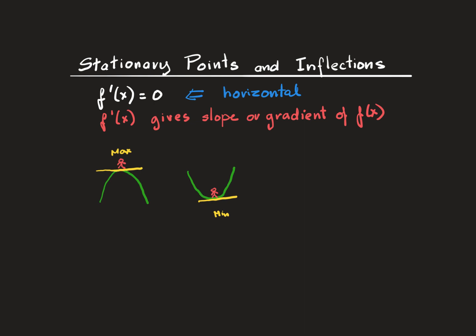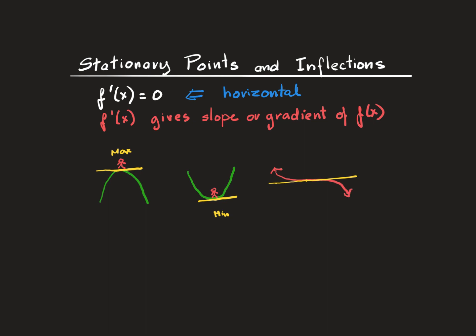We can also have a horizontal gradient on a curvature where it is horizontal, but it is not a maxima or a minima. For instance, if I was to draw a curve like this, you'll find that here I can also draw a horizontal gradient which will go through this particular point of curvature.